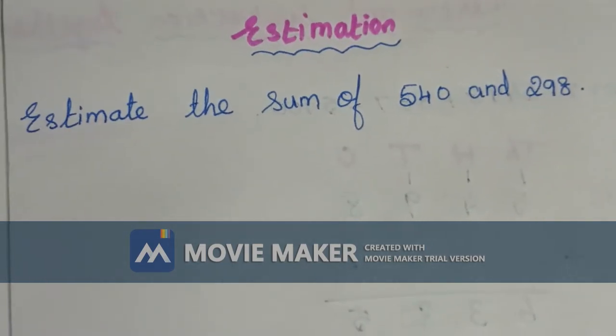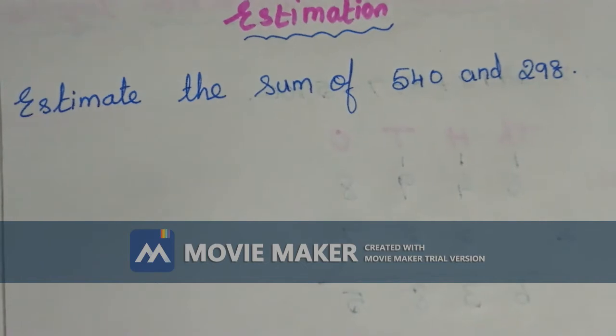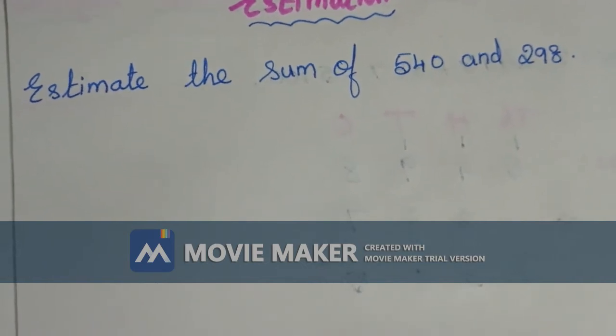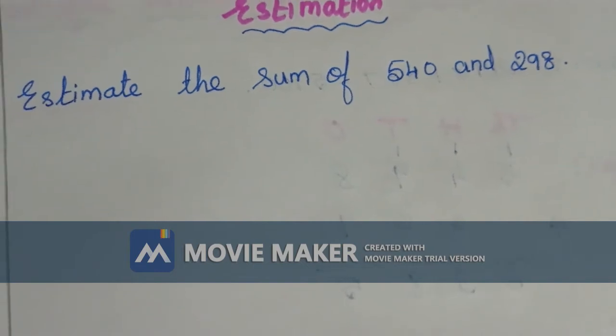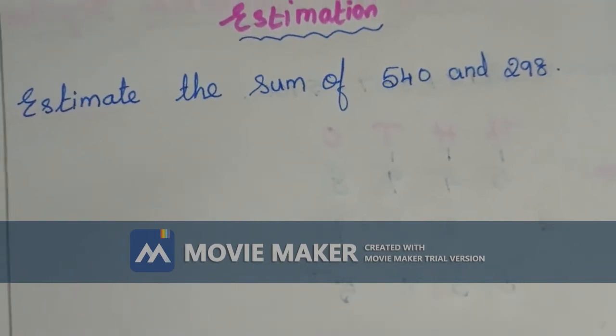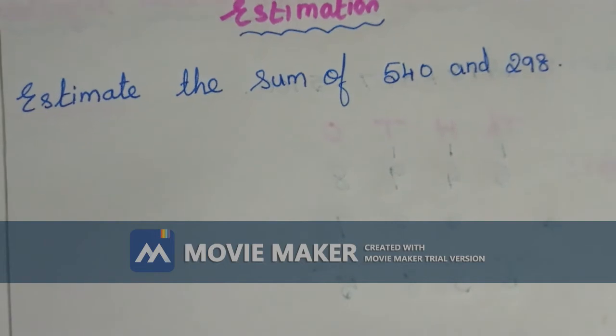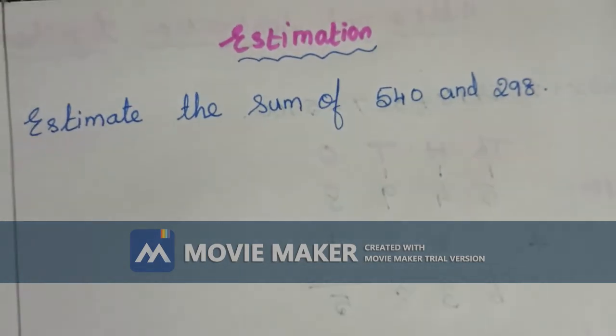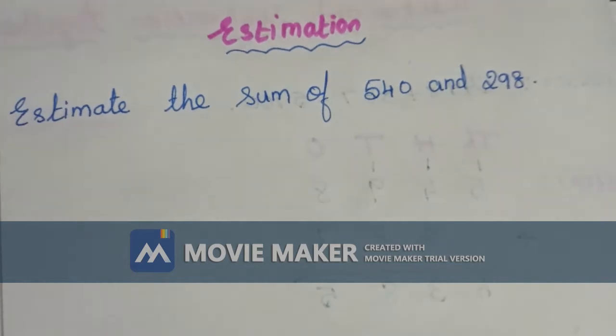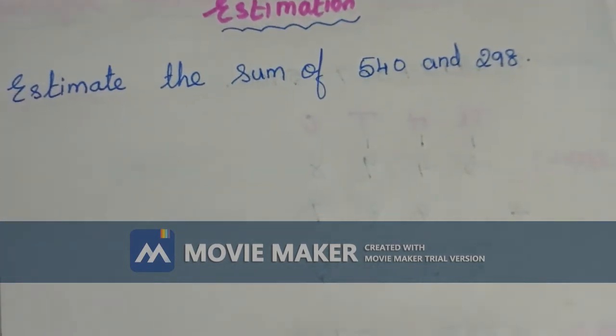It only gives us an idea about the result of a calculation and is said to be approximate. Estimation means approximation.